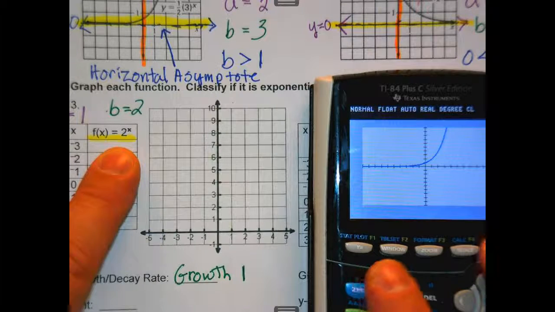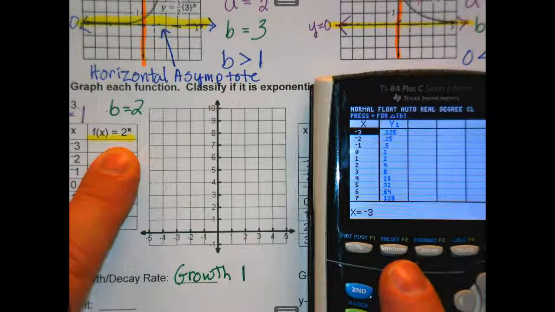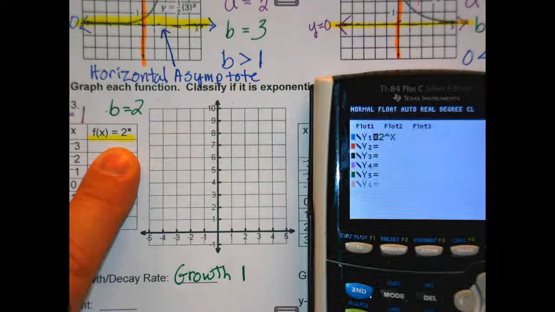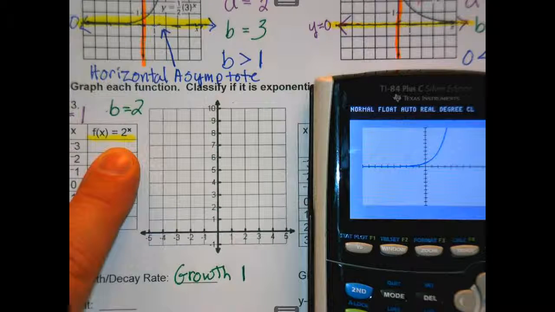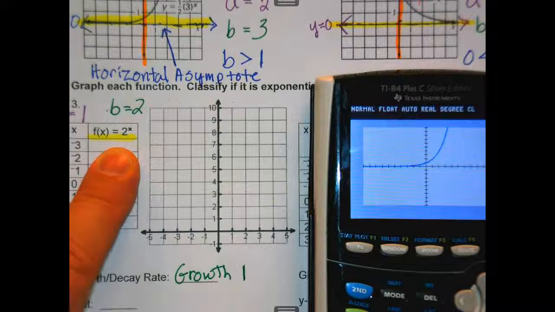Go to your table. Are you with me? 2 to the x. Graph it to get that. Guys, quiet down. Somebody's got your calculator messed up.